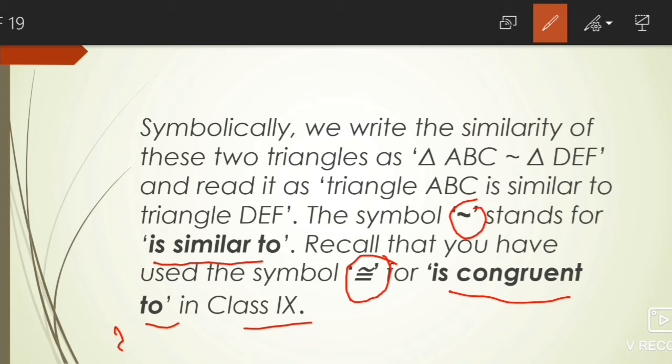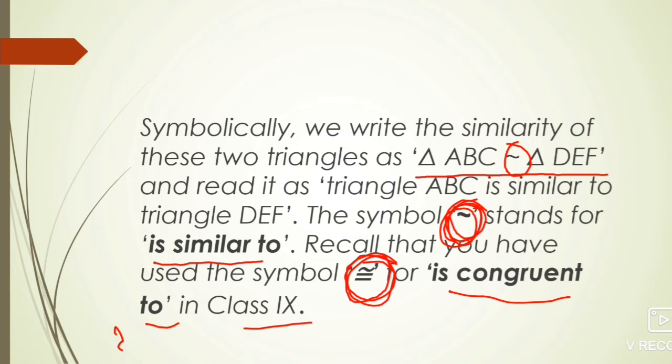And when you proved the congruency between two triangles, you used this symbol. This chapter is totally on similarity of two triangles, and for similarity you will use this symbol. So when triangle ABC is similar to triangle DEF, you will represent that by this symbol.